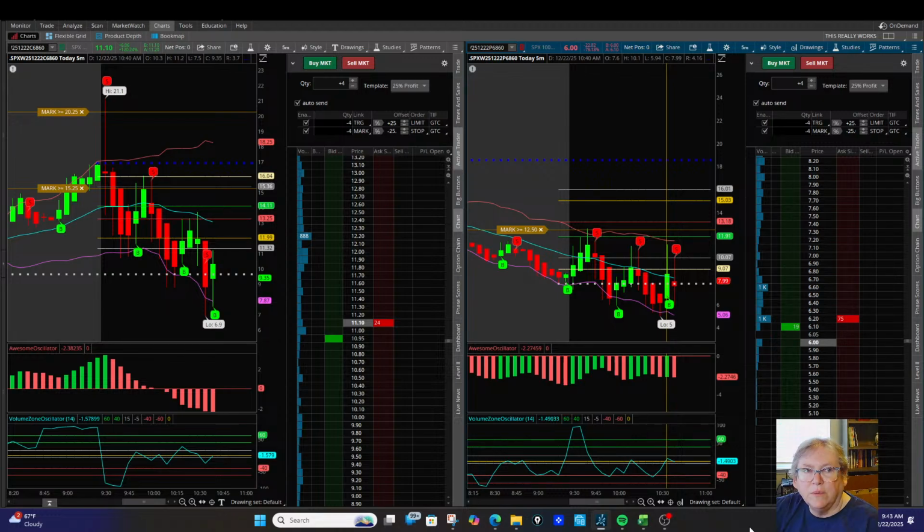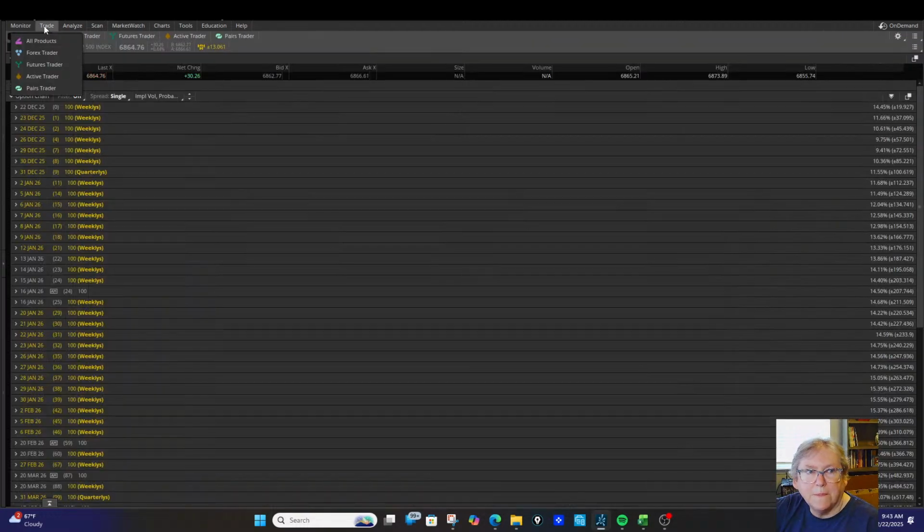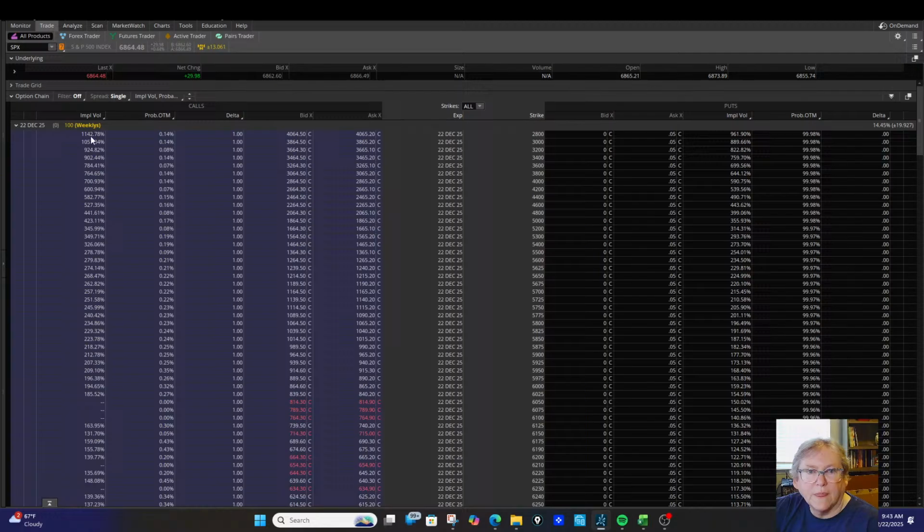I don't know if it would have made any difference to be in the money versus at the money. Let's look at those. Okay, this is our option chain for SPX.